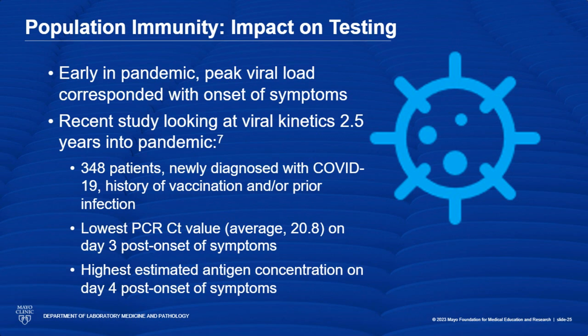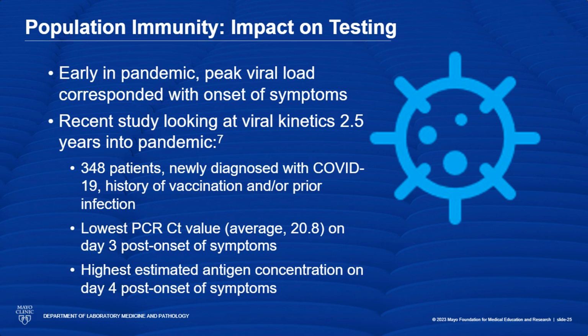And then they looked at antigen concentrations and estimated that the highest antigen concentration, which we usually think corresponds with the highest amount of infectious virus, was occurring on average on the 4th day following the onset of symptoms.